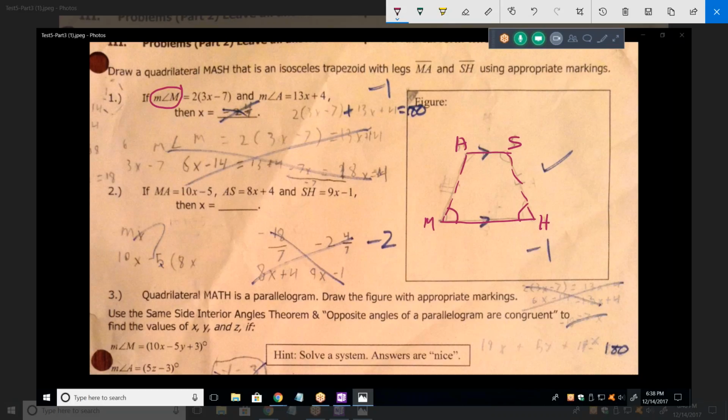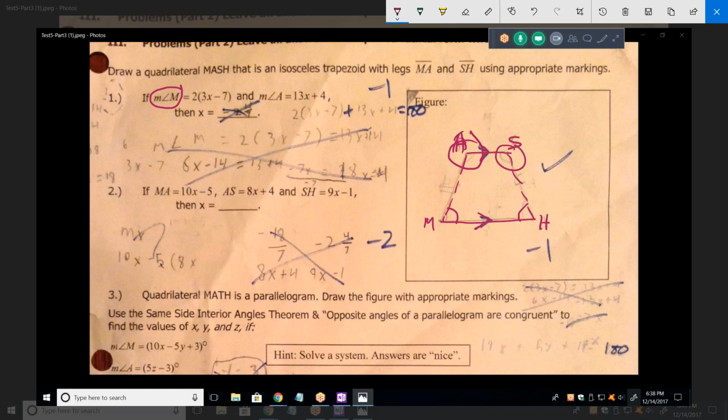Angle M and angle A. Okay, we know H is equal to M, but what's the relationship between A and M? They're supplementary. Yeah, whenever you have a trapezoid, the two angles in between the parallel lines, in other words, the base is always parallel.